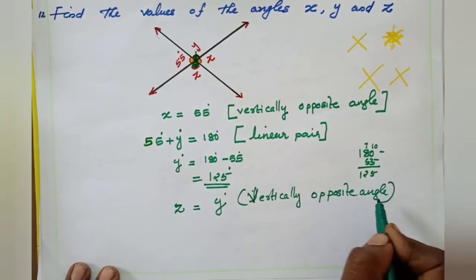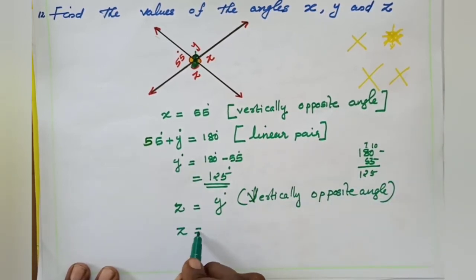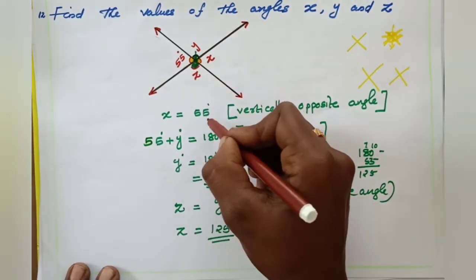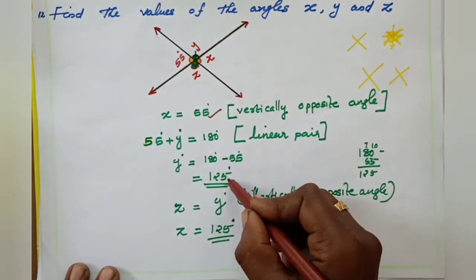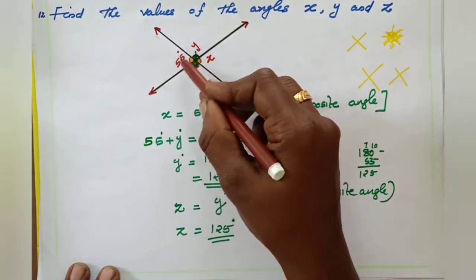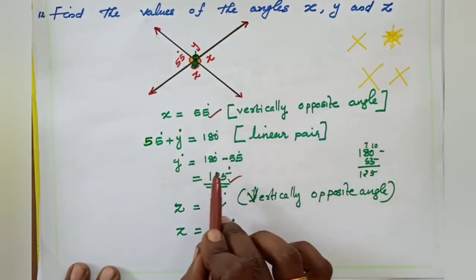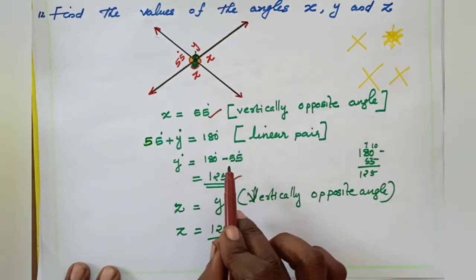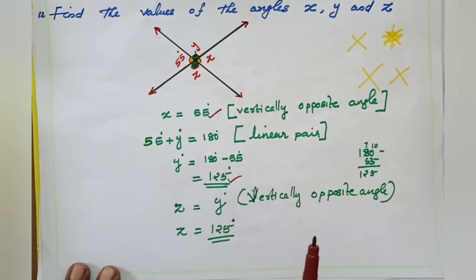So z equal to 125 degree, vertically opposite angle. x equal to 55 degree, vertically opposite, and y is found from the linear pair: subtracting 55 from 180 we get 125 degree.